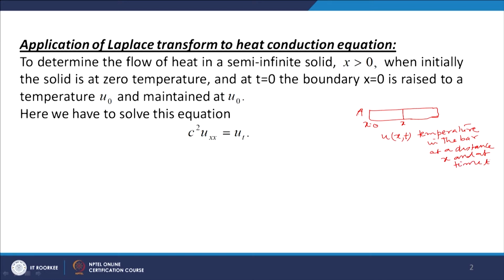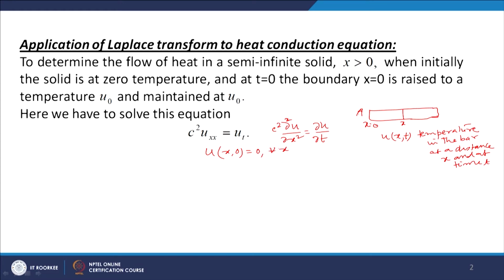So, we have to solve the second order differential equation c square u x x, that is c square del square u over del x square equal to del u over del t. So we have to determine the temperature distribution u x t in the wire. Here we are given the initial condition at t equal to 0, the solid is at 0 temperature. So, we are given u x 0 equal to 0 for all x.